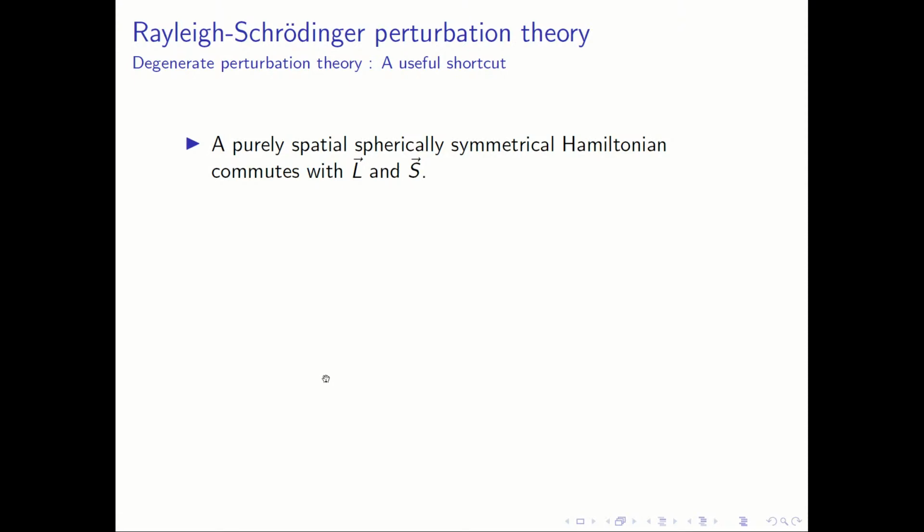Now, for our case, remember that we had a purely spherically symmetrical Hamiltonian to start with. This, by the way, is the Hamiltonian not of the actual sodium atom, but the Hamiltonian of the sodium atom in the independent electron approximation for the valence electrons.